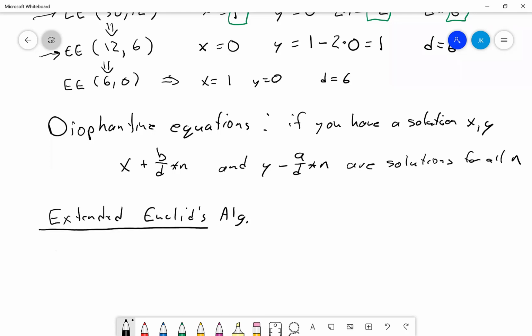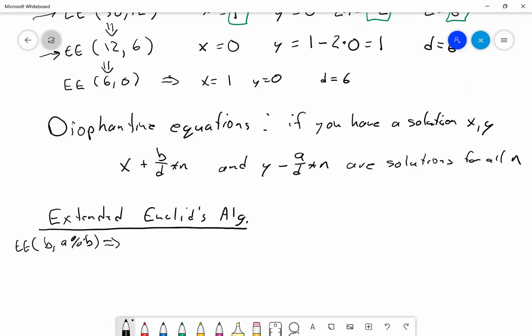So for the extended Euclid's algorithm, what we get when we have computed something at one level is that we know the level below us. Remember, when we call it with B and A mod B, that's the thing that we've called.